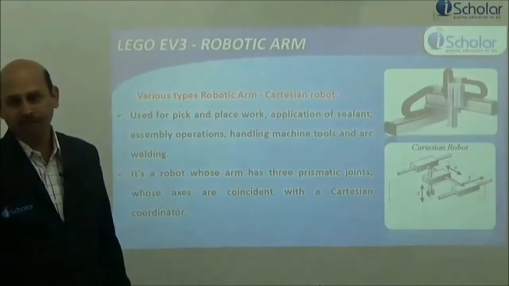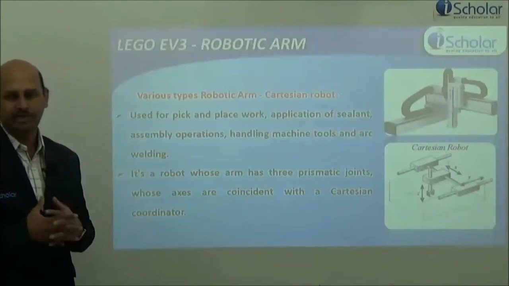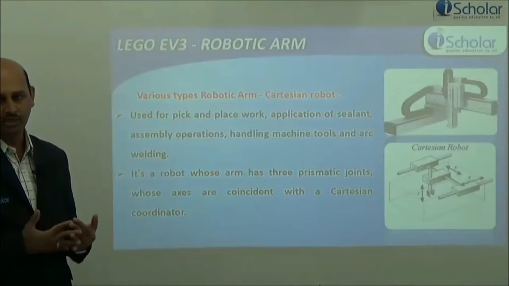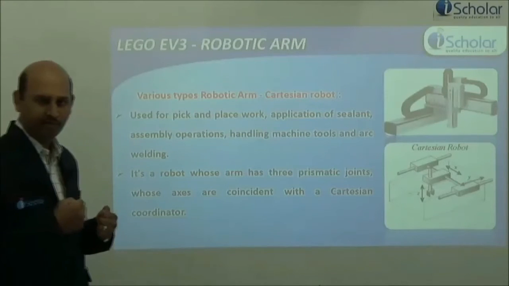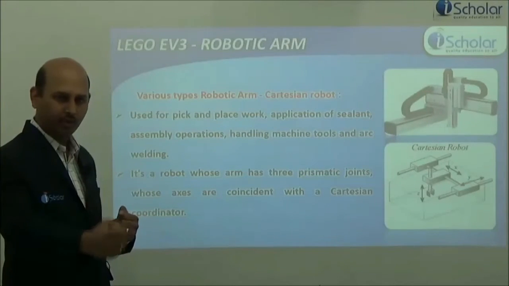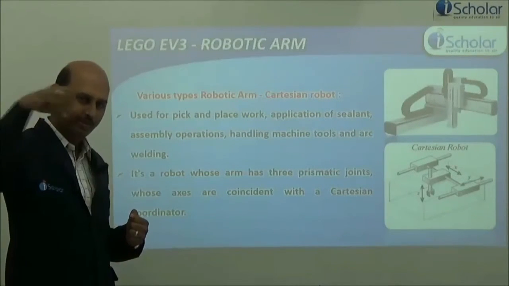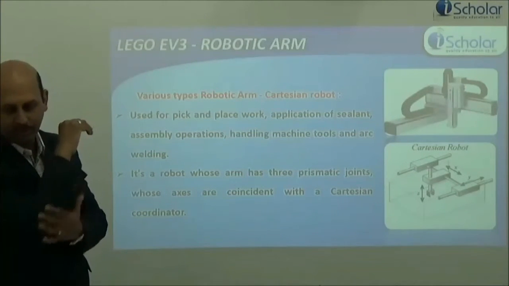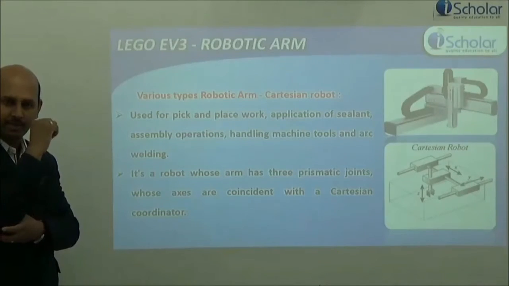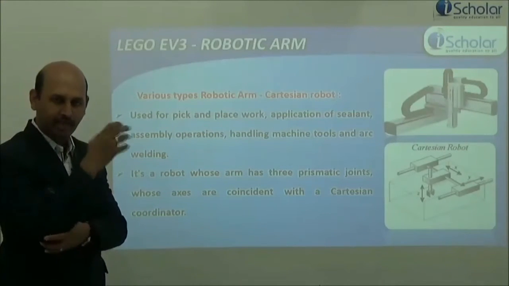Actuators are mechanical devices which give some movement for the arm. Whenever you give a movement to an arm like this, or to pick something, actuators can be used at this part so that the arm moves in any direction.